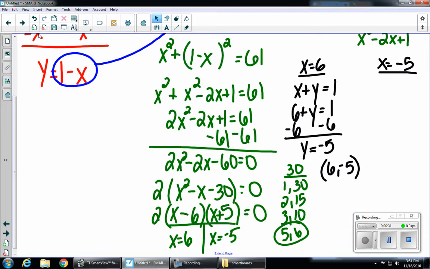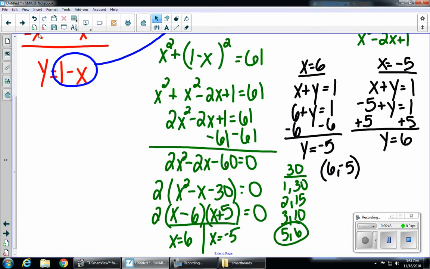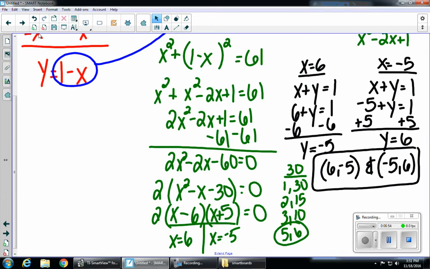Now I'm going to repeat the process with that -5, still using the x plus y equals 1. So this time I have -5 plus y equals 1. To solve for y, I'm going to add 5 to both sides, so y equals 6. So my second point of intersection is -5, 6. And there is your answer to the question.